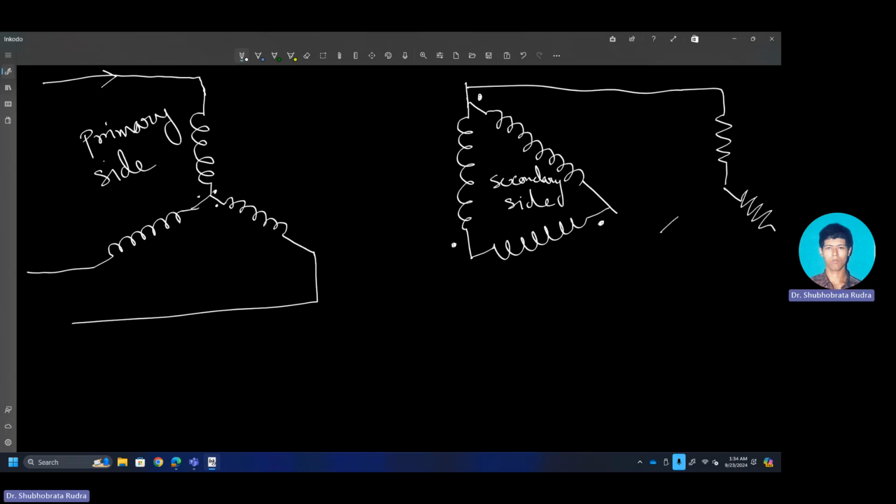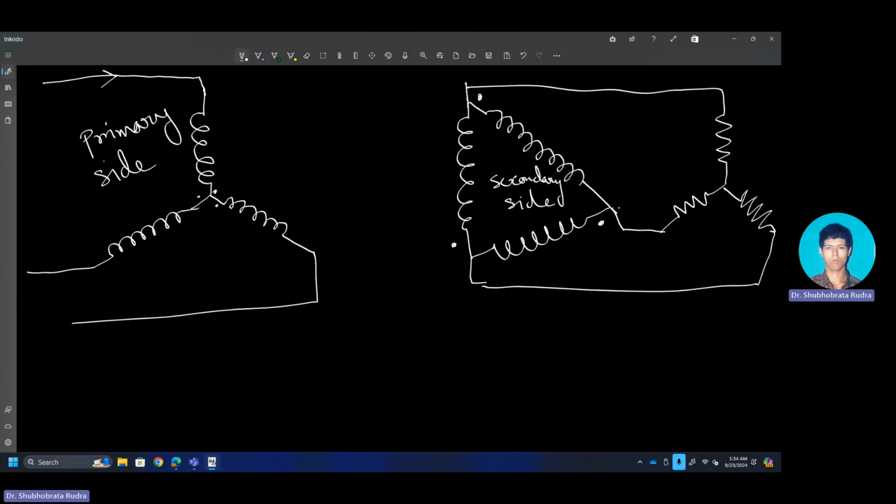Since it is a resistive load, there is no need to maintain the phase sequence as well. We are assuming a balanced resistive load, so you can connect it in any way. It is not going to make any difference.